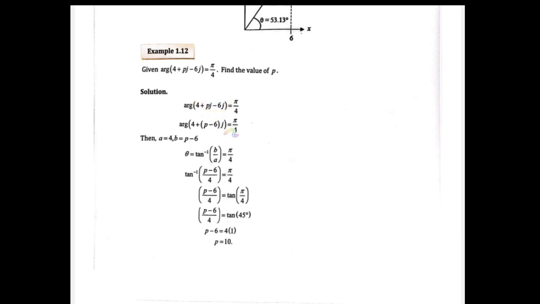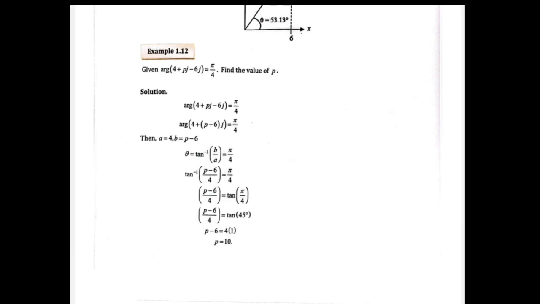So it becomes p minus 6j. So by right we have the standard form of complex number, which is a and b. Right, so this one is a and b.